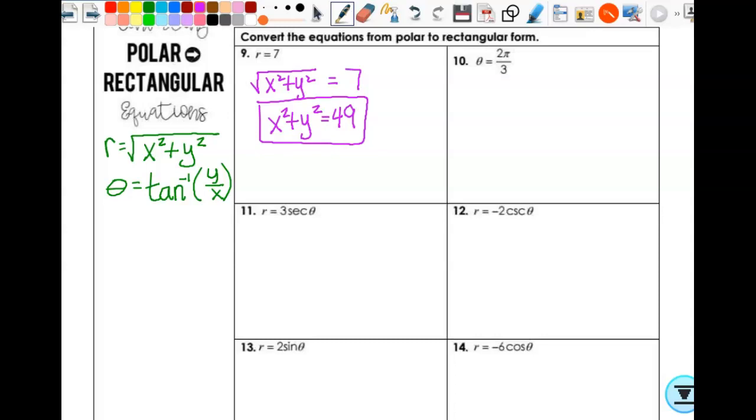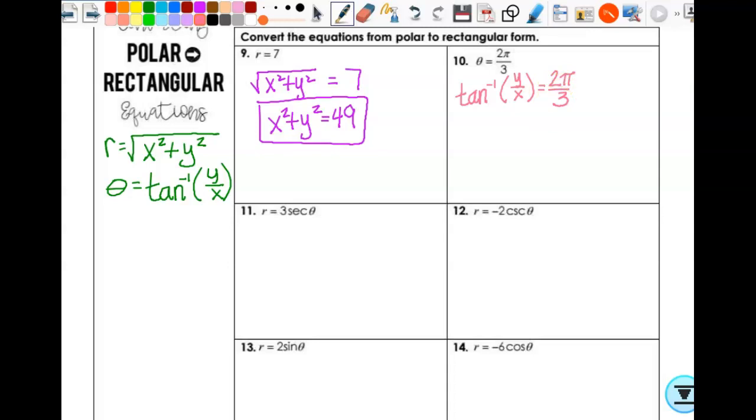All right, so now I have theta equals 2 pi thirds. So theta is the tangent inverse here. So instead of theta, I'm going to have tangent inverse of y over x equals 2 pi thirds. Okay, so I need to get the y over x out of that tangent inverse.